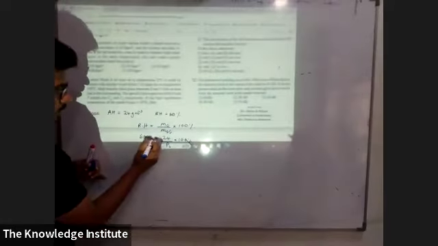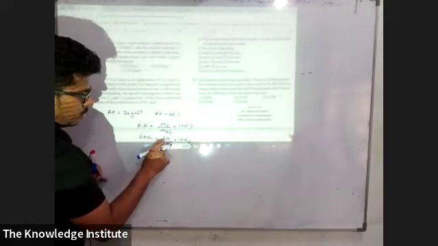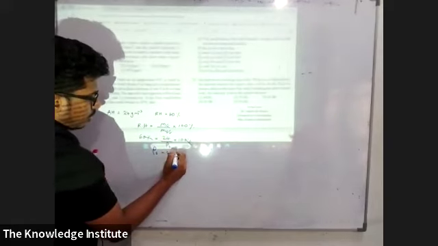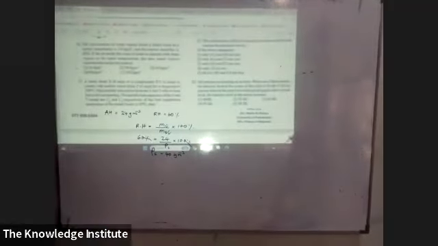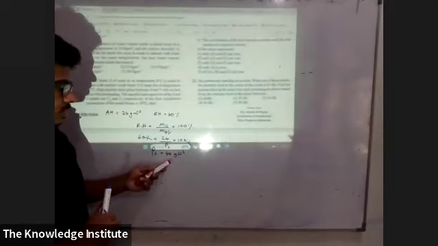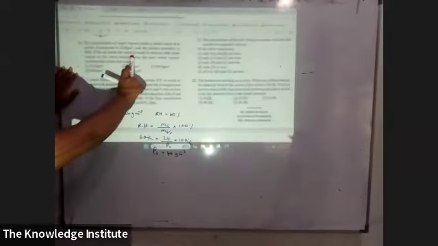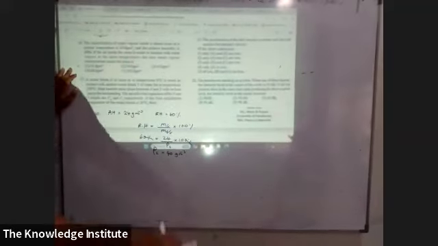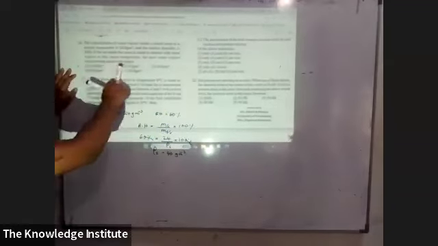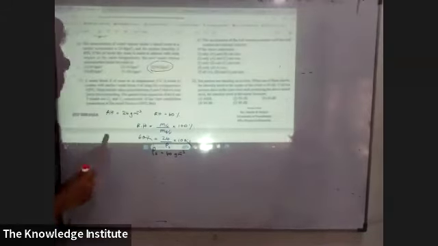So the percentages cancel. So rho s is equal to 24 divided by 0.6, which is 40 gram per meter cube. So if the room is saturated, the AH is 40 gram per meter cube. No change in temperature, condition same. So we got the answer, 40 gram per meter cube.